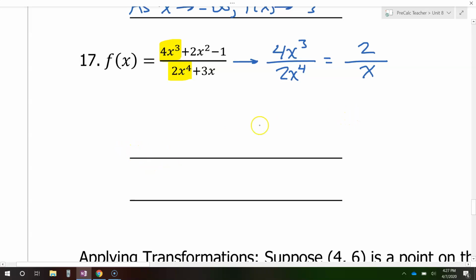Now, what happens to this as x approaches infinity? What happens to the value of the function? Well, as the denominator gets bigger and bigger, this would be like 2 over 1,000,000, 2 over 1,000,000,000. That's going to be a teeny tiny number. 2 divided by 1,000,000,000 is a really, really small number.